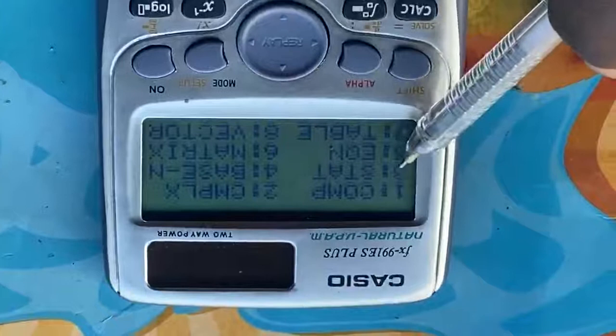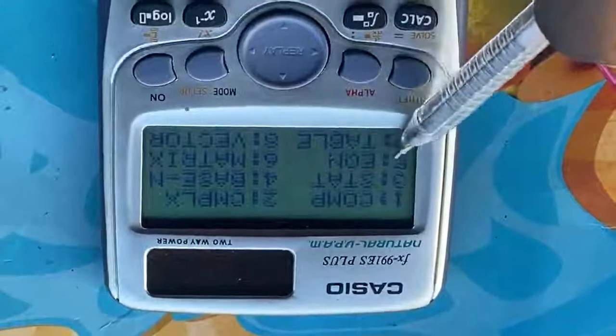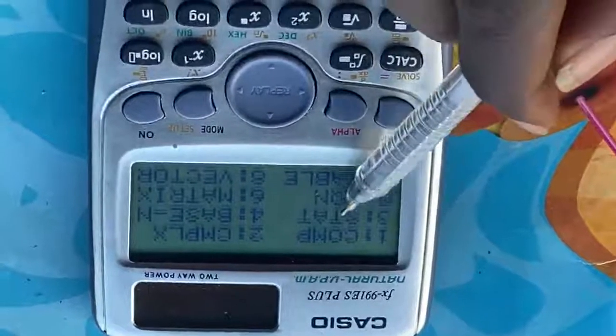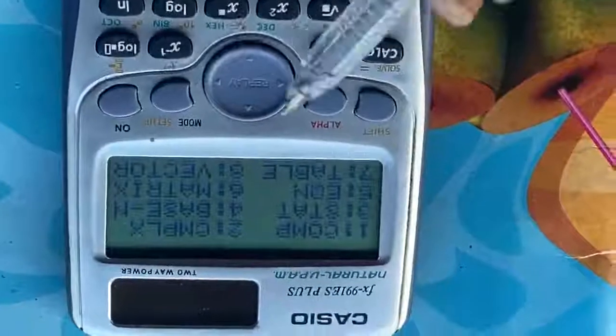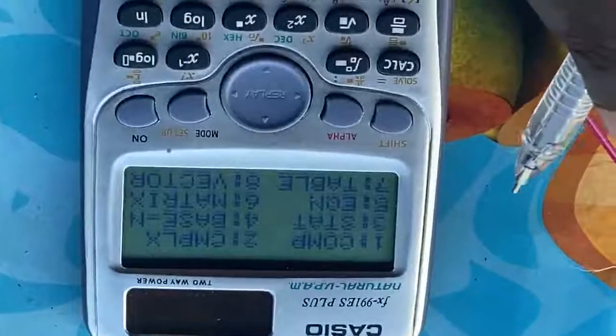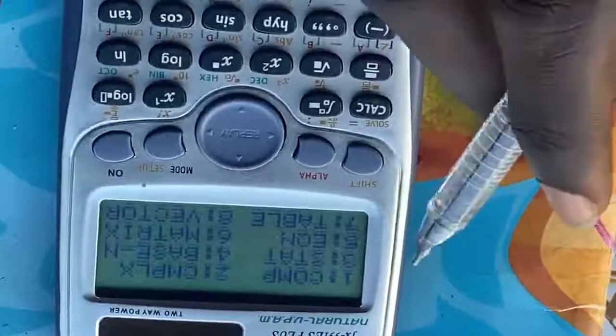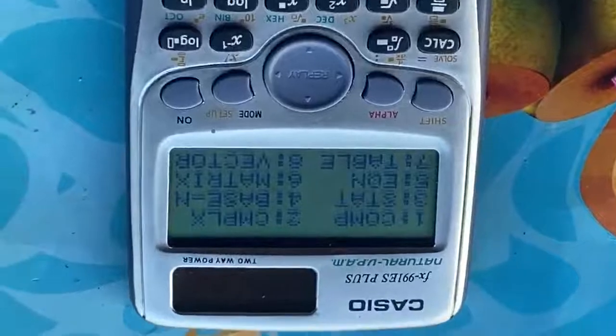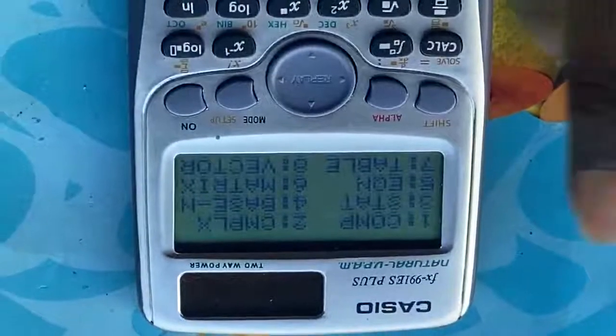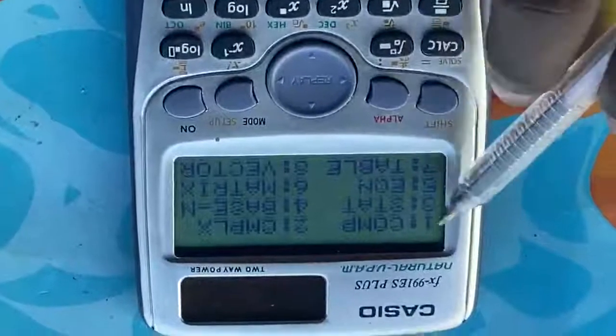Then the third one, which is STAT, is a short form for statistics. This number 3 mode, you use it to solve your statistical equations, like your mean, standard deviation, summation, and variables in statistics. That's what you use the third one for.